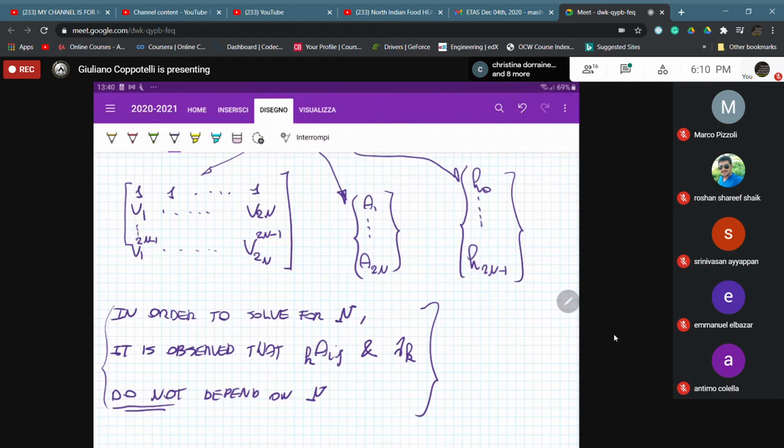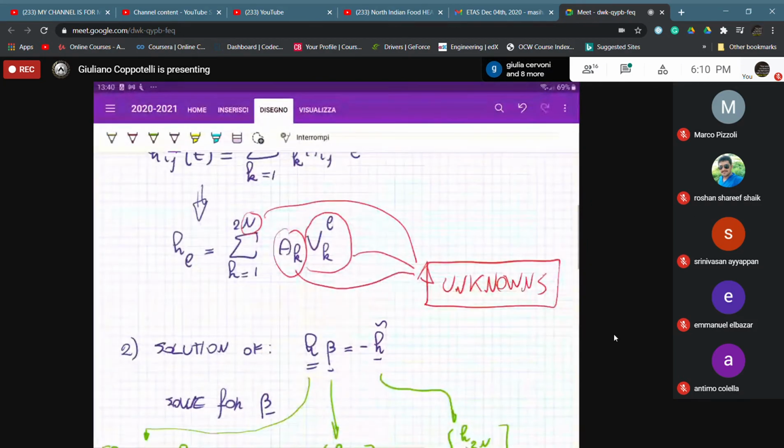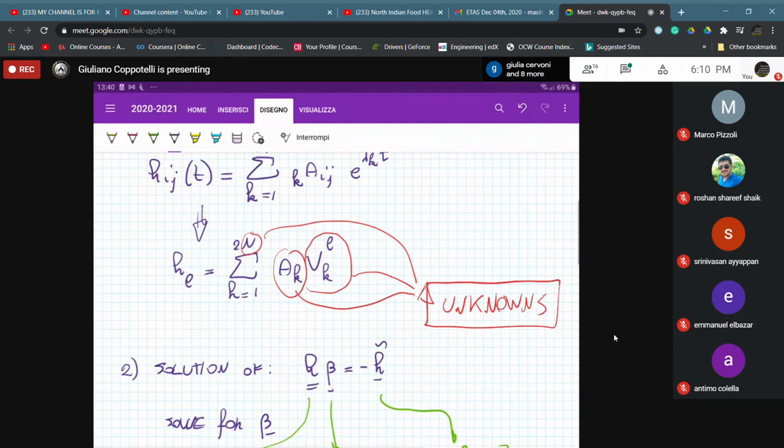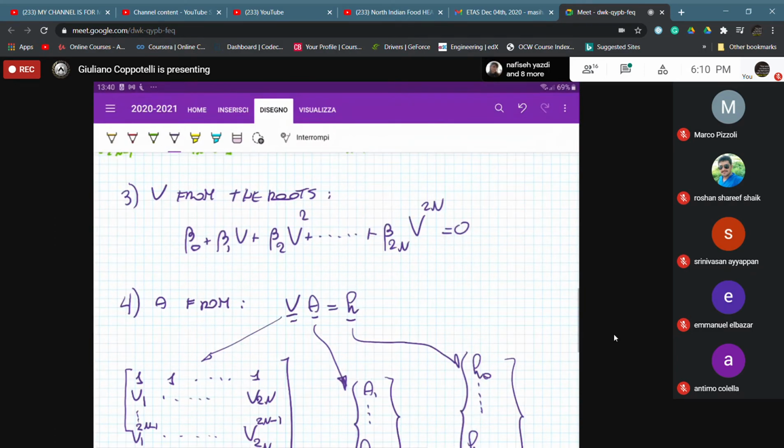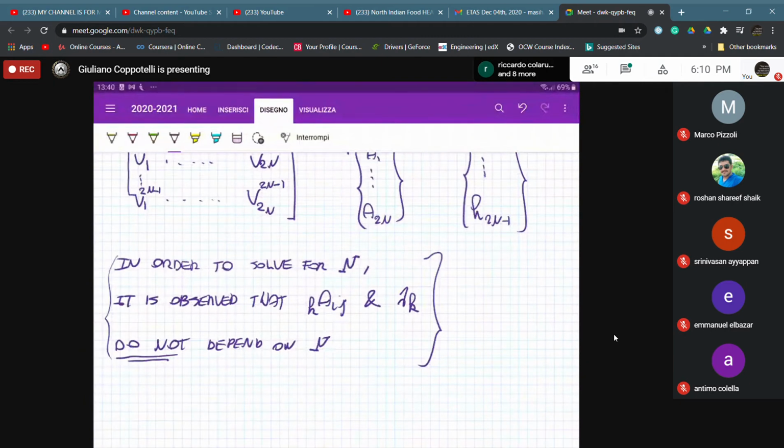Okay, and that observation brings me important information. That is, I can think to iterate the previous procedure, from, let's say, 2 up to 4, by increasing the model order.